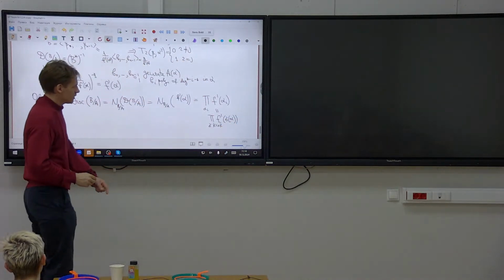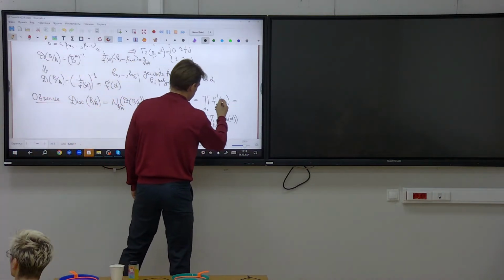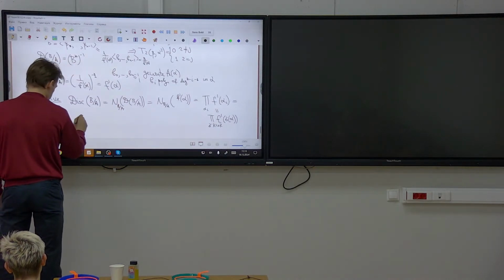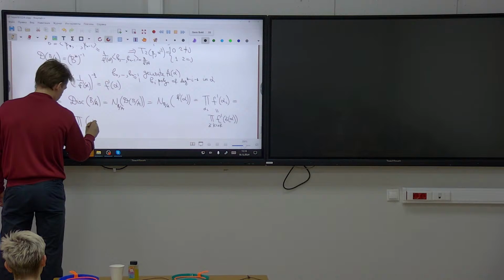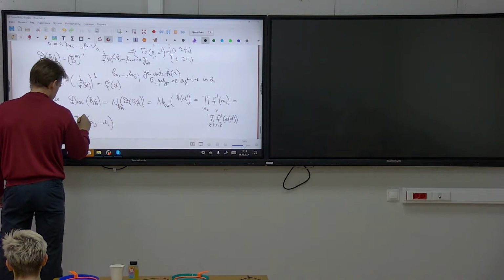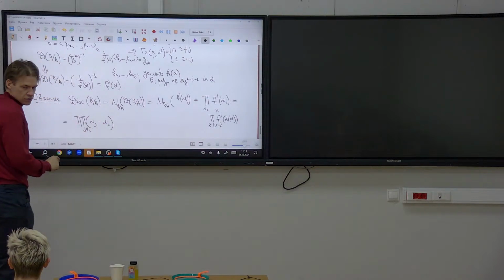And notice that we can open the brackets. This is the product of alpha_j minus alpha_i, where the product is over all j not equal to i inside the product.